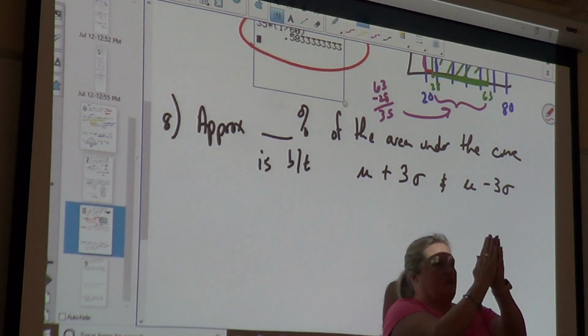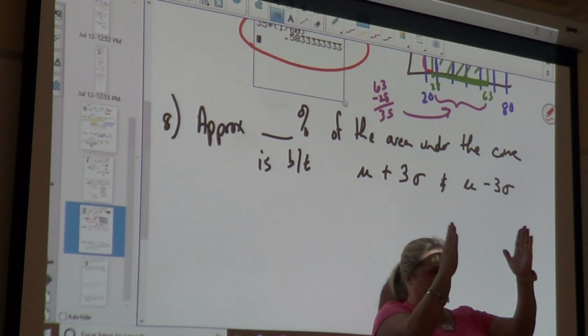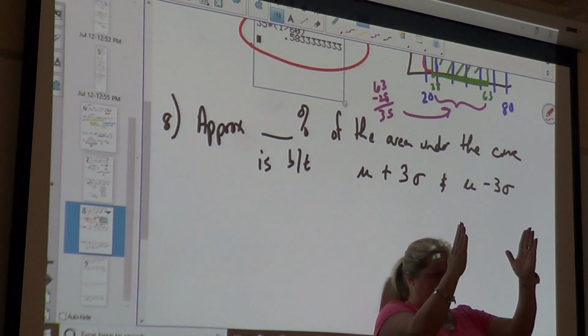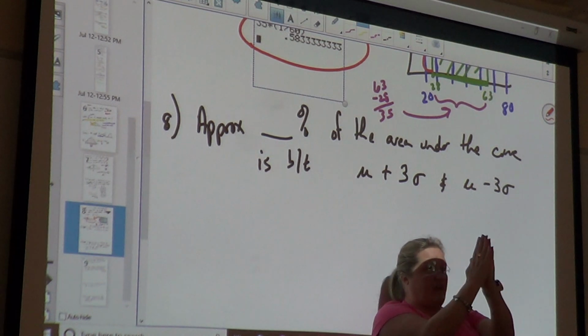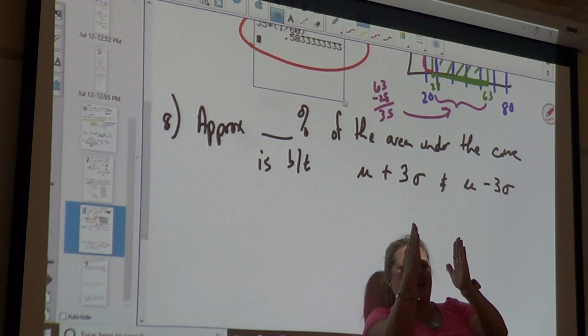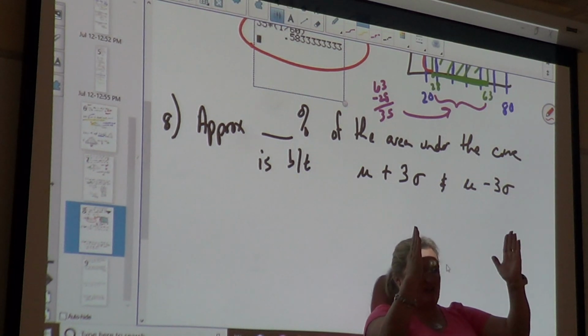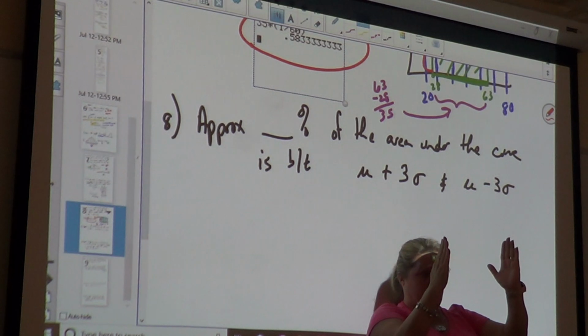If you have the mean, and you add a standard deviation and you subtract a standard deviation, what percent is that? One deviation in either direction.